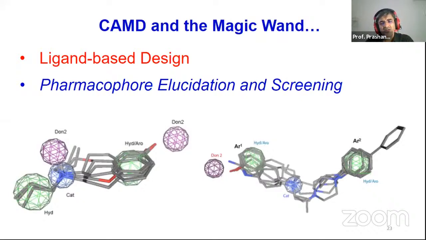So in a way, ultimately we used this ligand-based tool, the pharmacophore, for screening molecules which were anti-Parkinsonian drugs actually, right?